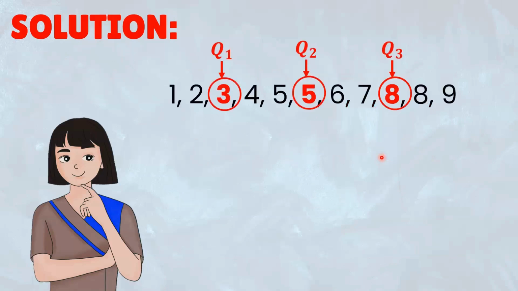Okay. Now let's proceed to the interpretation of results. Based on our answers, the following are our quartile values: 3, 5, and 8.